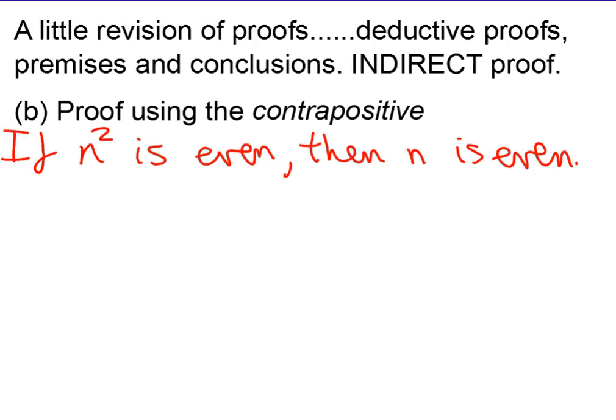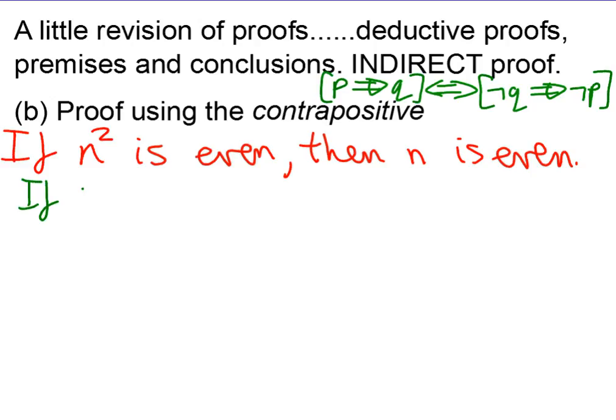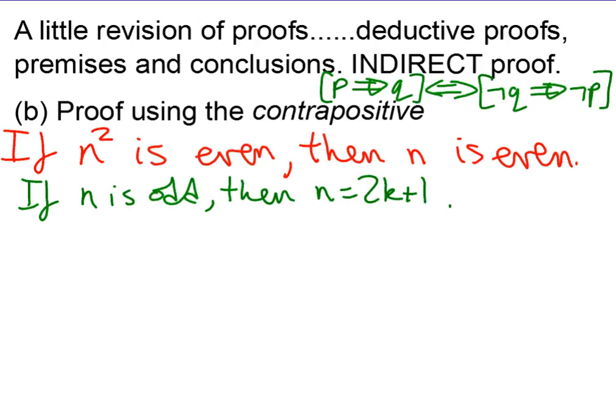Contrapositive means if we want to show P implies Q, in other words, if P then Q, it's logically equivalent to not Q implies not P. So let's assume n is odd, then n is 2k plus 1, for k an integer.